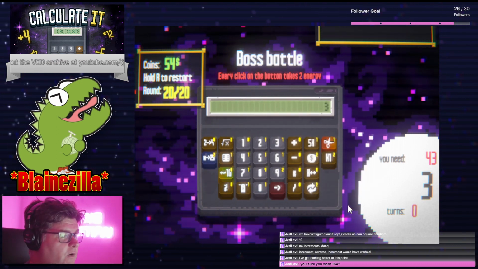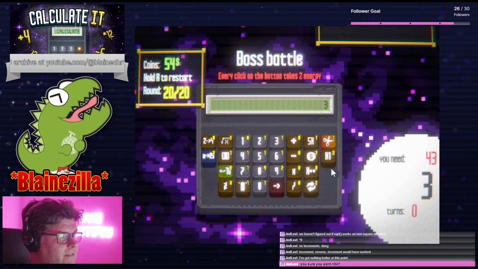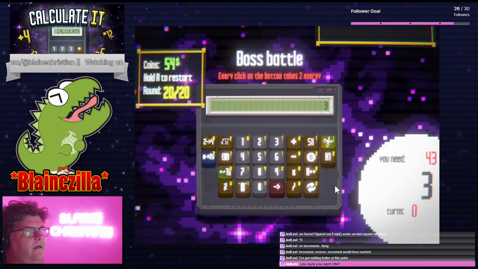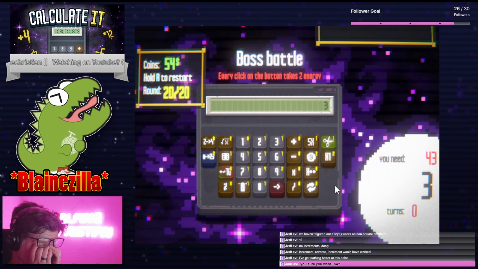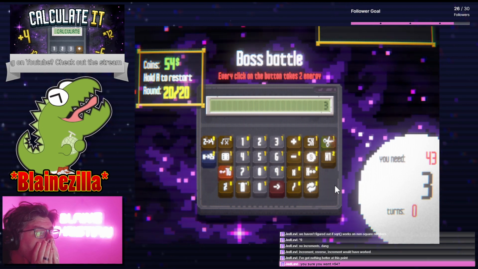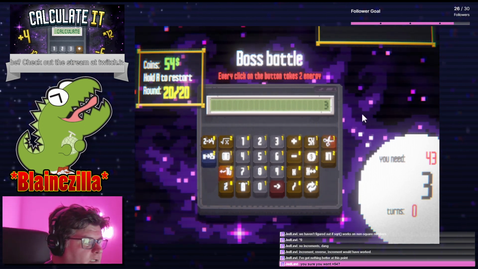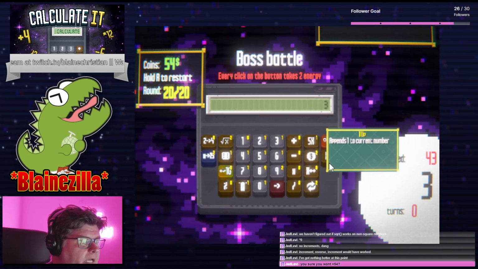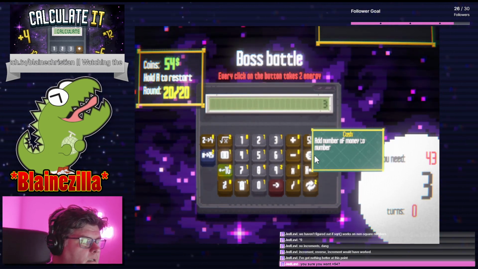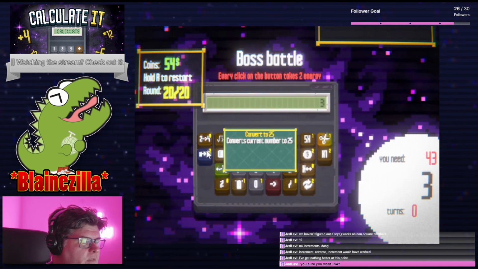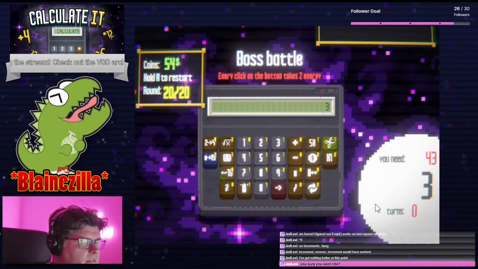No, I'm not sure I went plus 54 because... So we basically don't... Every button takes 2 energy. So the only buttons we have are append 1. Unless the energy is something different other than these button presses, and I don't know that it isn't.